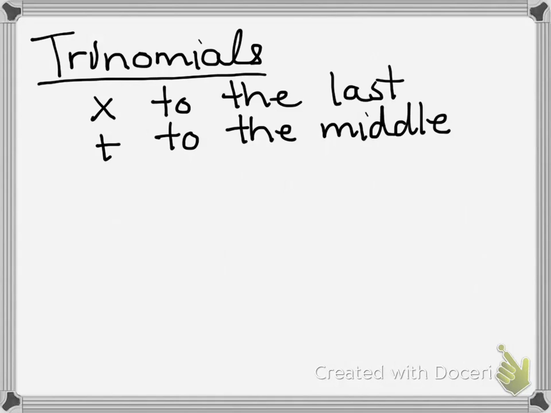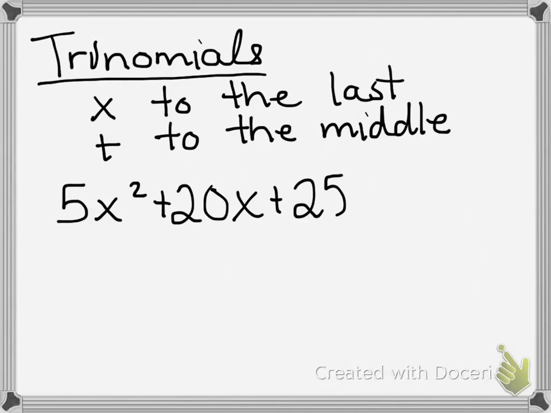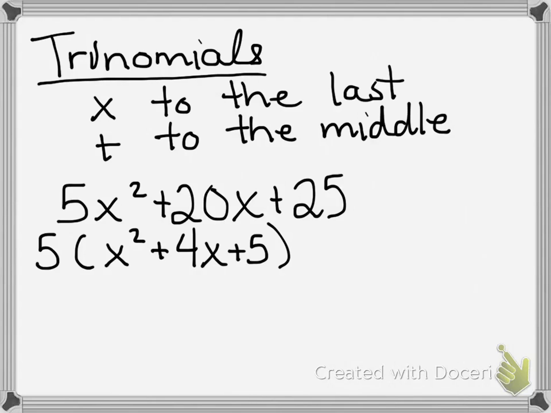So if you had this problem, 5x squared plus 20x plus 25. Now you could make your life a lot more complicated and factor it with a 5x and an x, but what you should recognize is that there's a GCF of 5. So factor out your 5 and you get x squared plus 4x plus 5. This is much easier to factor than before.